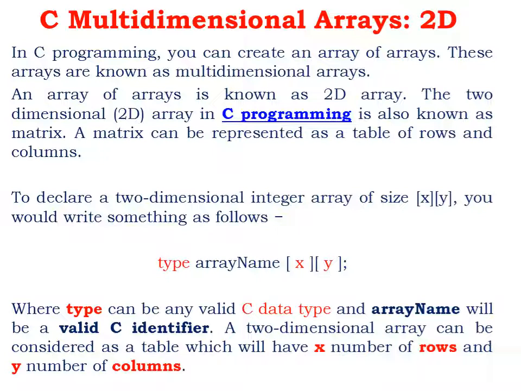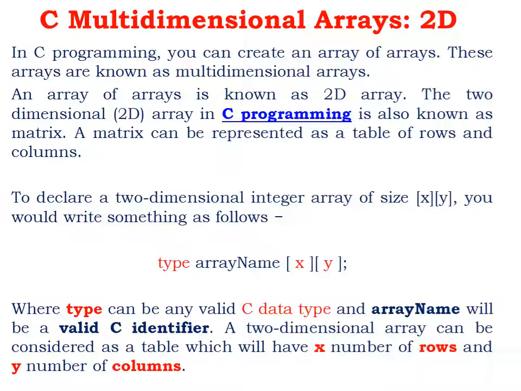Let us see how to declare a two-dimensional integer array of size x and y. We write the statement as follows. We have the data type, the array name, and in a square bracket we have the counter x, and in another square bracket you can have a counter value y.